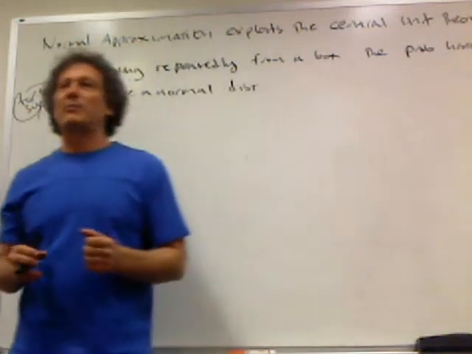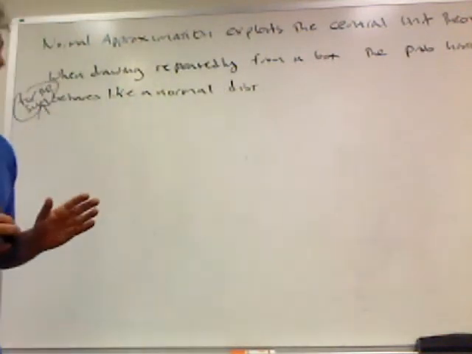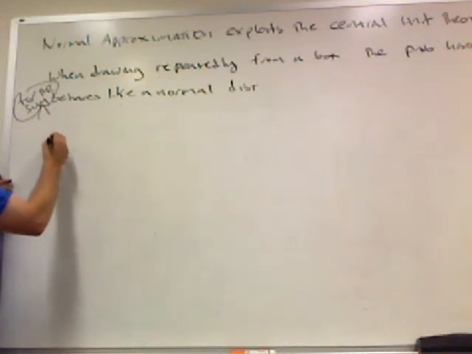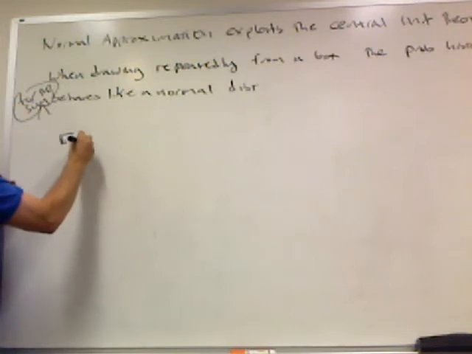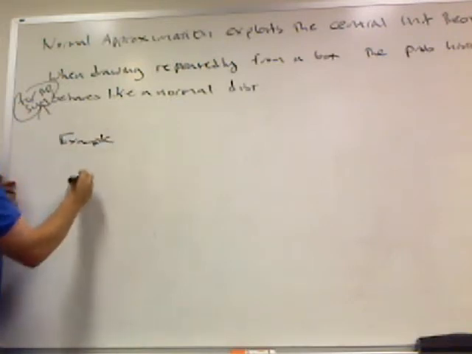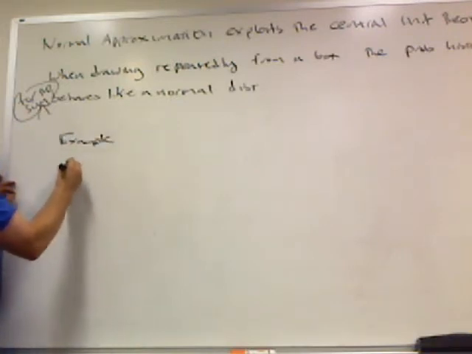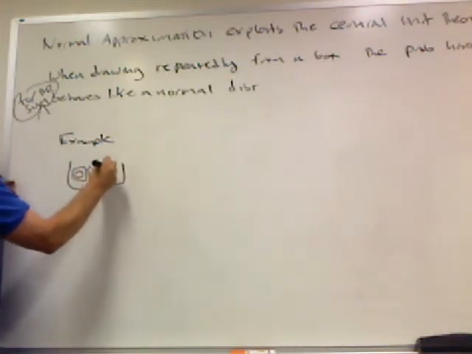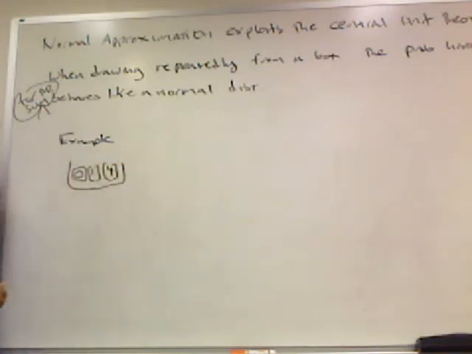So let me explain what I mean by that. Okay. So if I have a box that looks like this, I have a box that has a 0 ticket, a 1 ticket, and a 4 ticket in it.